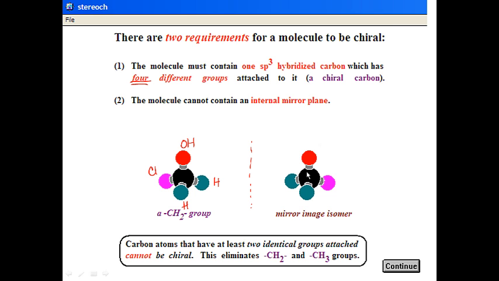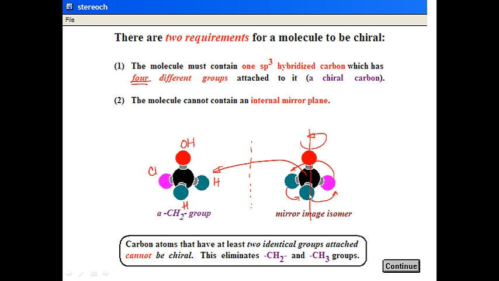Now, can I superimpose this molecule onto this one? Yes. If I took this molecule, and you can imagine this axis, if I rotated this molecule around this axis, so I put the green group here, and the pink group back here.